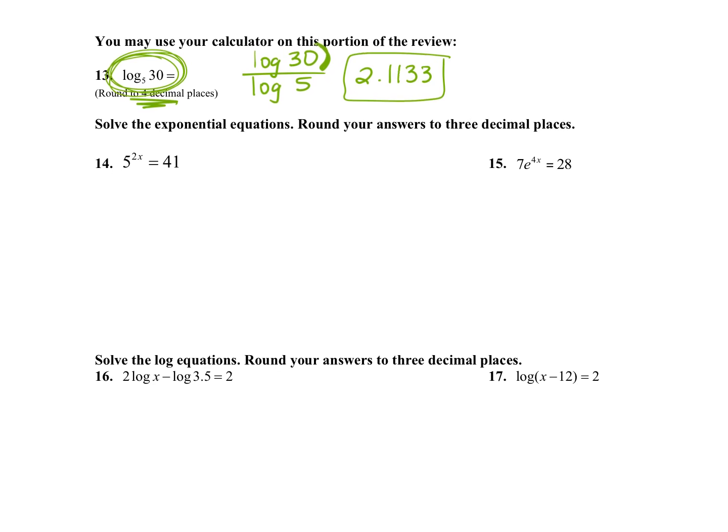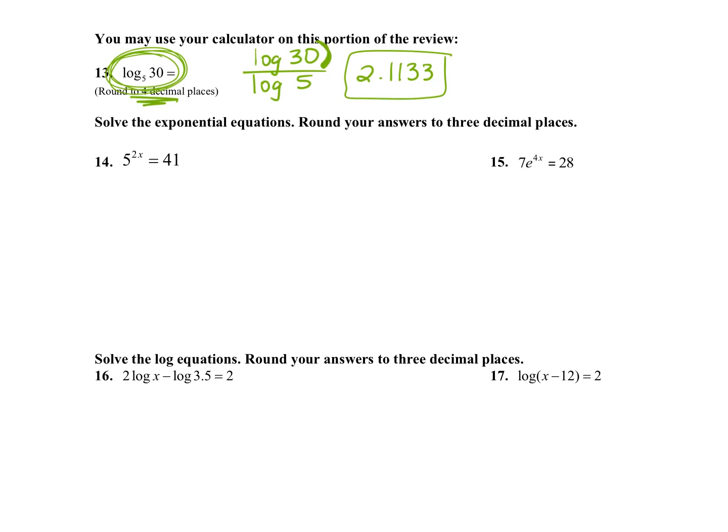Okay, solve the exponential equations, round to 3 decimal places. What do you do? Put them into logs, right? You have to take the log of both sides. So it's the log of 5 to the 2x equals, don't forget to take the log of the 41 also, right?